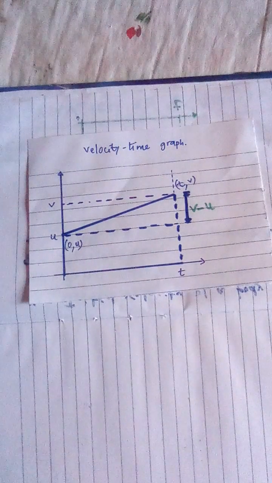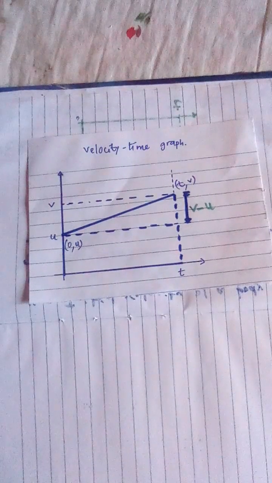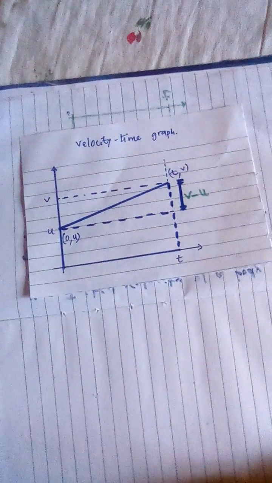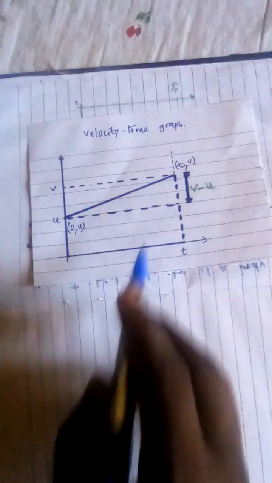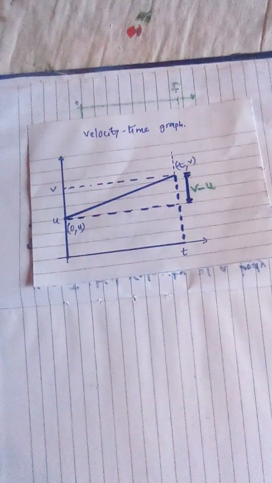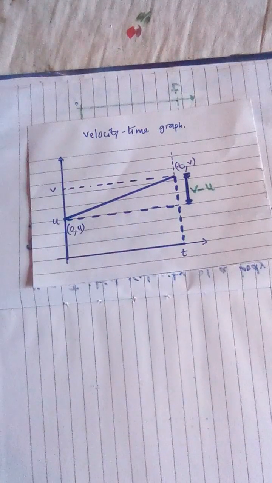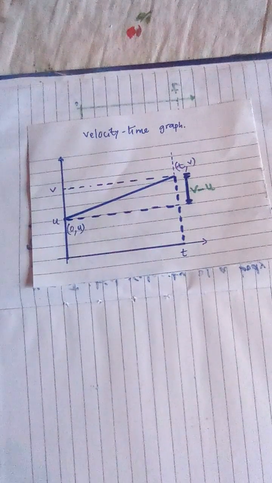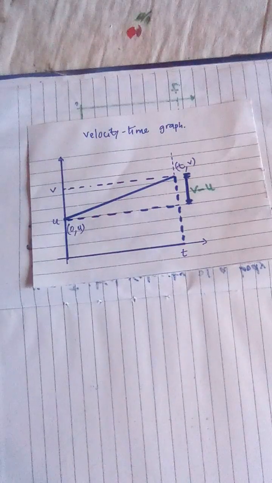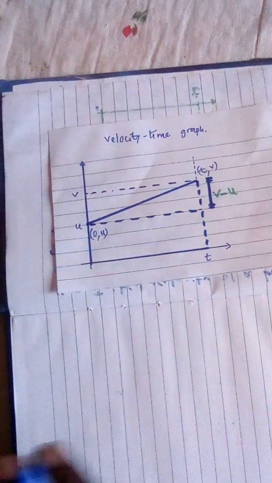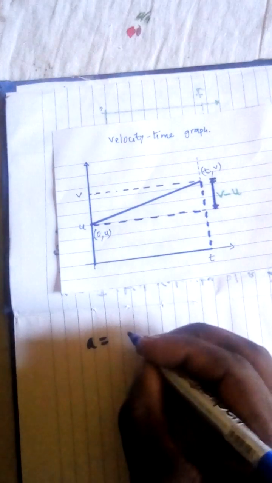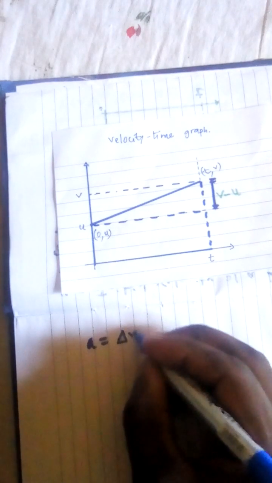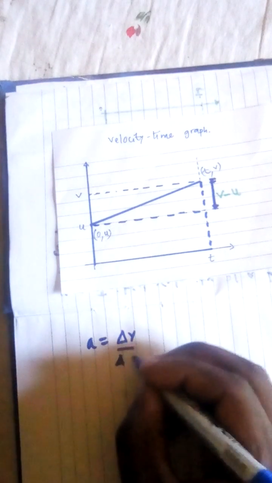This is very clear. Okay, so now using your knowledge of mathematics, we can compute the slope. And I've not told you this: the slope of the velocity time graph actually represents the acceleration. So we can use our knowledge of computing the slope that you learned in coordinate geometry to find the acceleration. The acceleration is the rate of change of velocity, so change in y over change in x.